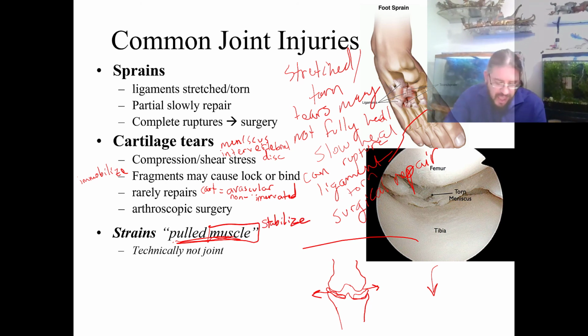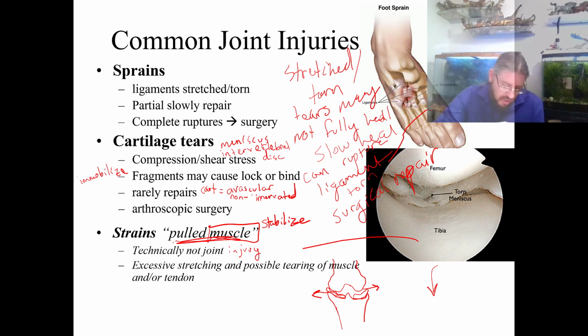So a muscle strain can affect the joint, reduce its stability, and make it more prone to injury. It's technically not a joint injury, but it has major impacts on the health of a joint.